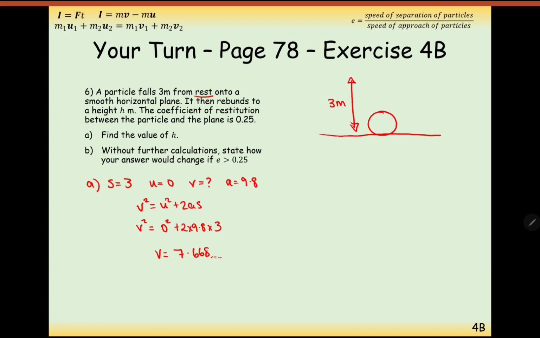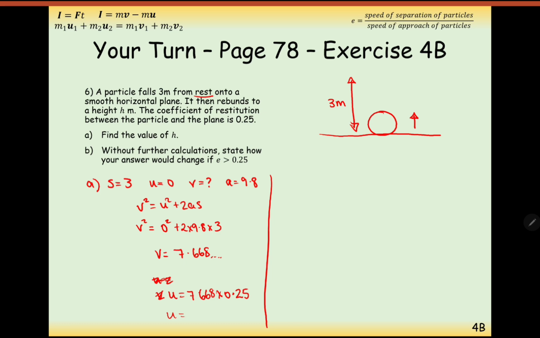So the coefficient of restitution is going to be 0.25. So the speed that it moves back up with is going to be our V speed. There's going to be U in the next round of SUVAT. So that's going to be 7.668 times 0.25.